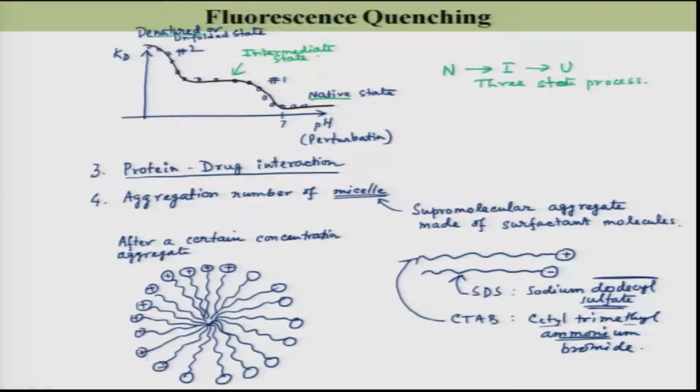These are all positively charged. So, this positively charged part is exposed to the water, and the hydrocarbon part makes a core. So, basically this part is like oil. This inside part is like oil and the outside is water.